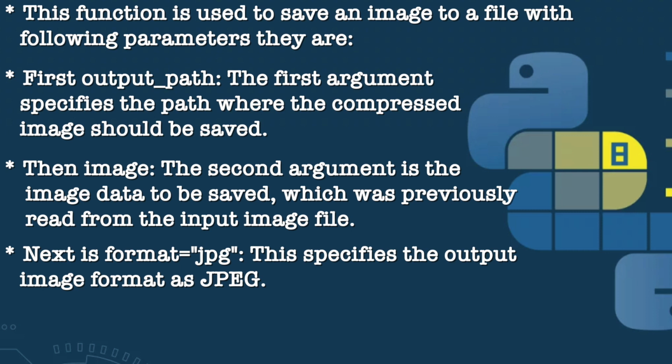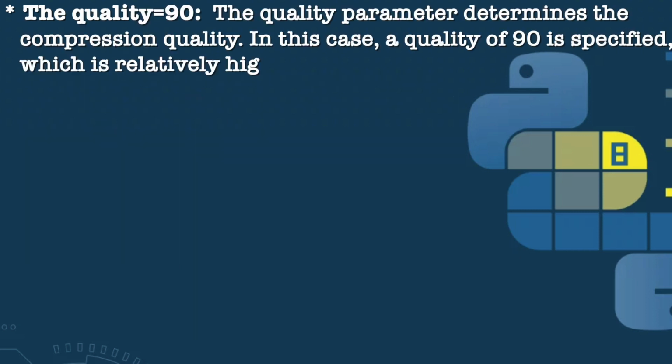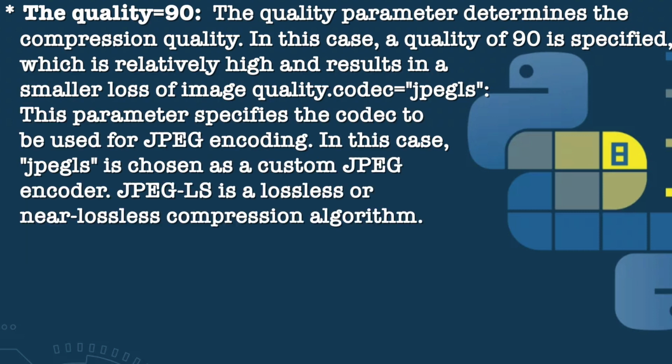This specifies the output image format as JPEG, and the quality equal to 90. The quality parameter determines the compression quality. In this case, the quality of 90 is specified, which is relatively high and results in a smaller loss of image quality. Codec equal to JPEG-LS.